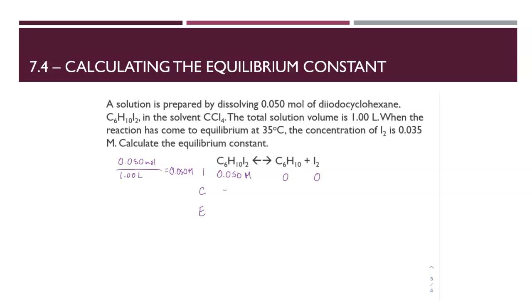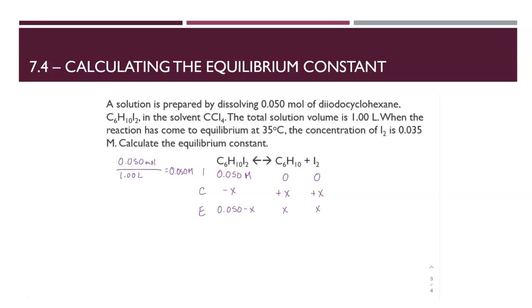We are going to lose some amount X of our reactant. It doesn't have a coefficient, so it's just X. And then our concentration is going to go up by X for each of our products. No coefficients on either of those, so just X. So at equilibrium, we're going to have 0.050 minus X for our reactant concentration and X for our product concentrations.